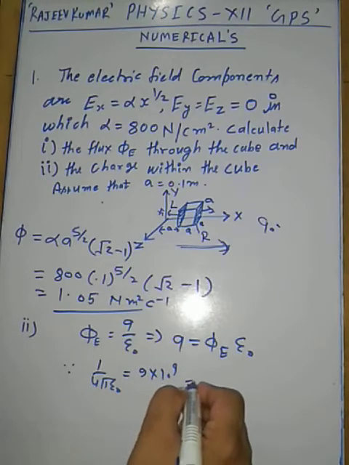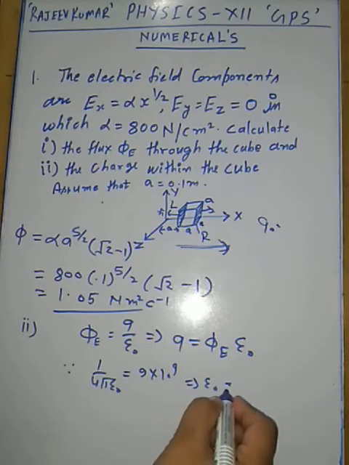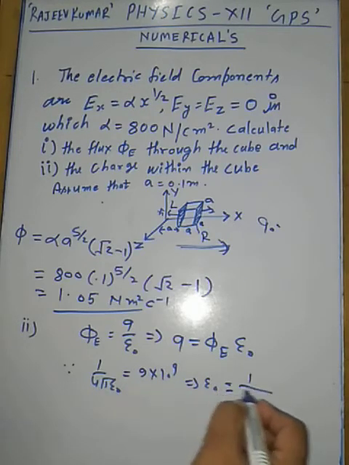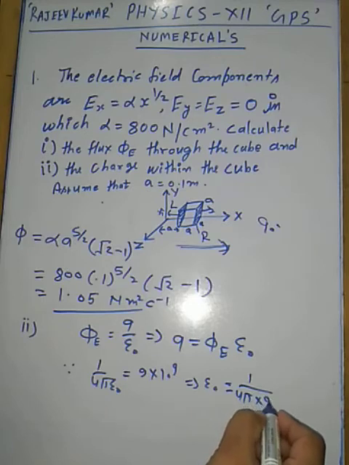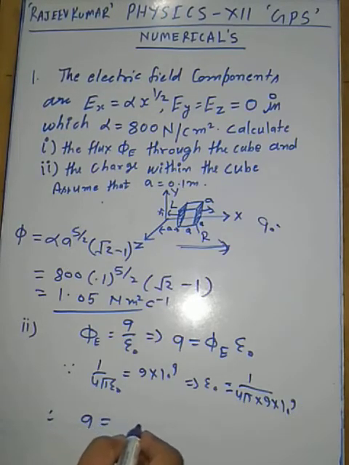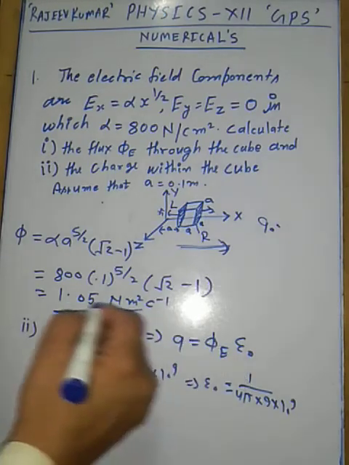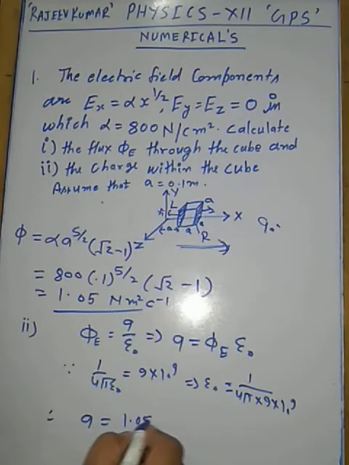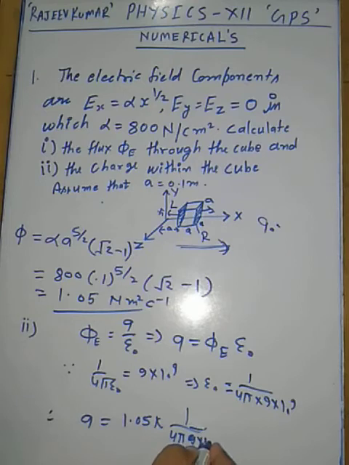Then epsilon naught may be written as 1 upon 4 pi into 9 into 10 to the power 9. Therefore Q, the net charge inside the cube, is the flux 1.05 multiplied by 1 upon 4 pi into 9 into 10 to the power 9, which after simplification may be written as 9.27 into 10 to the power minus 12 coulombs.